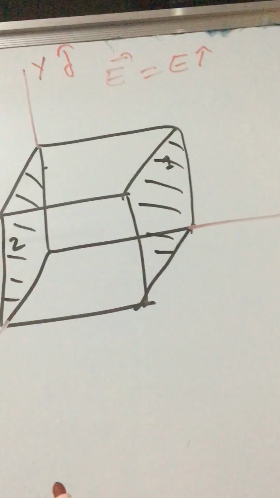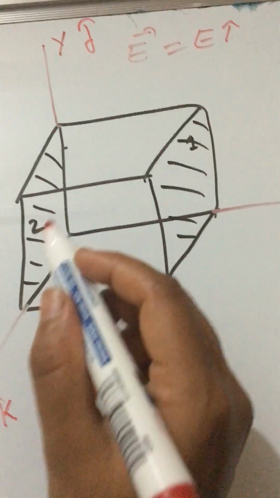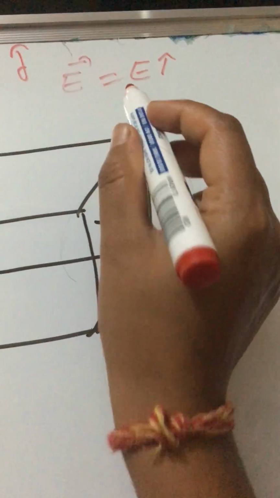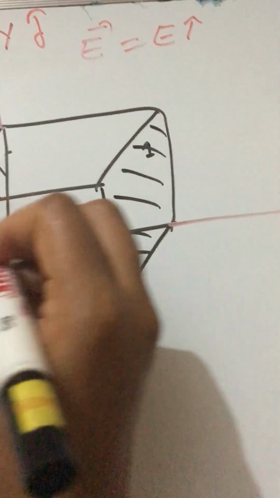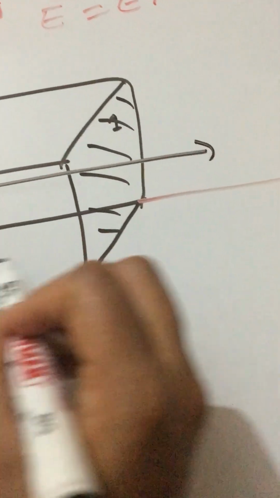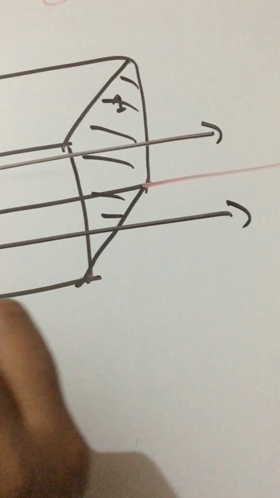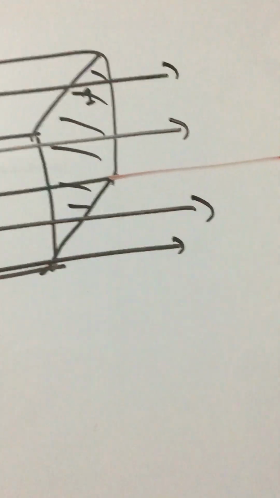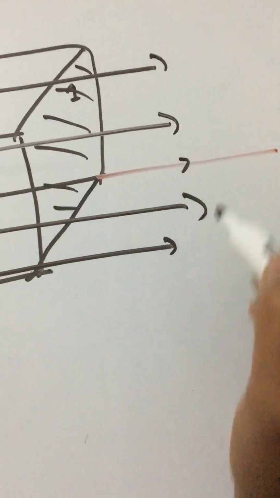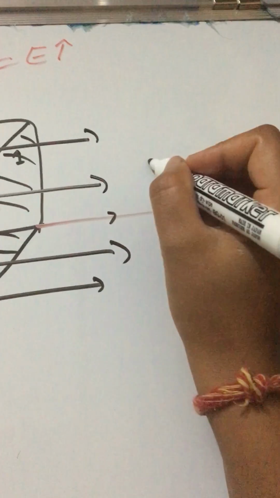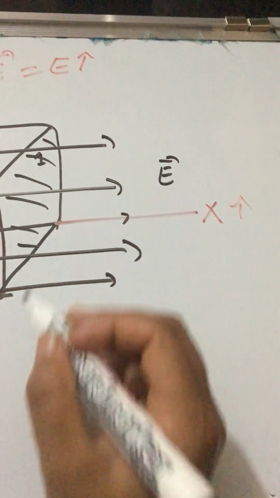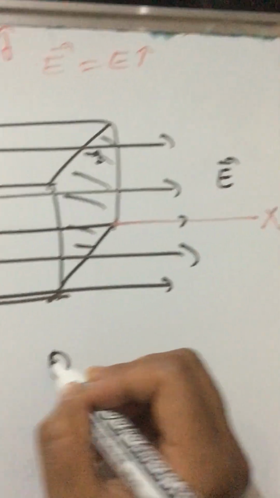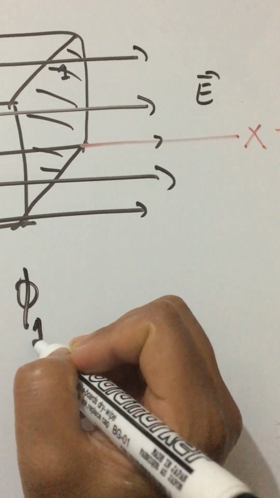Okay, the uniform electric field, directed along the x-axis. Fine, so this is a uniform electric field. Okay, flux through 1, how much?